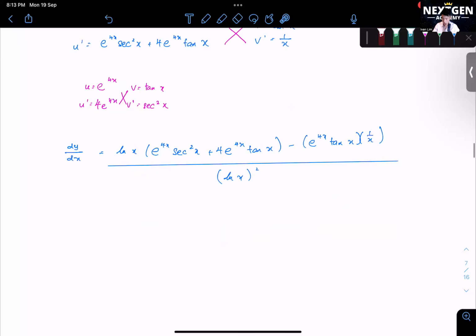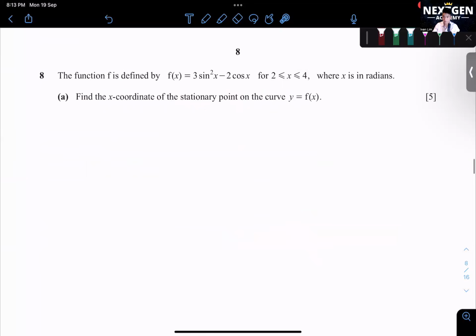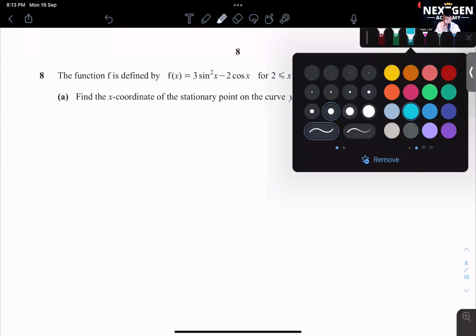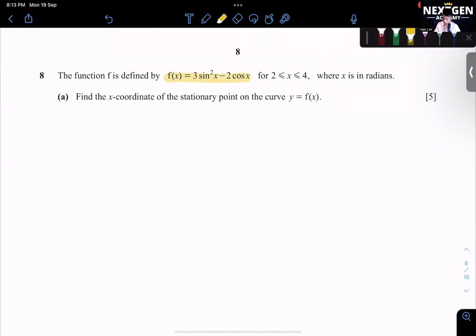Okay, question 8. The function f is defined by f of x equals 3 sine square x minus 2 cos x for 2 to 4, where x is in radians. Find the x coordinate of the stationary point on the curve y equals f of x. How do we do this?